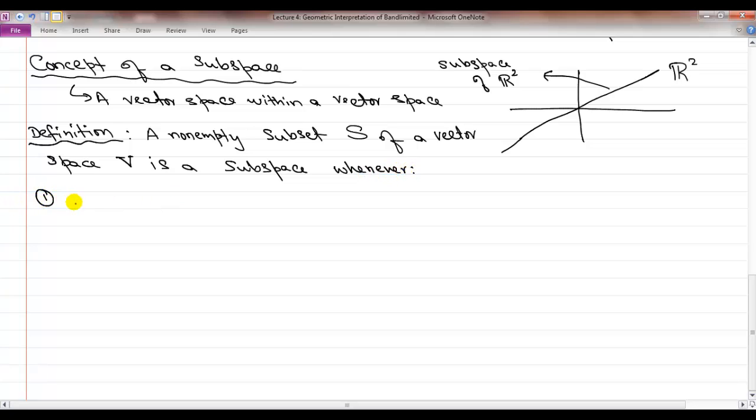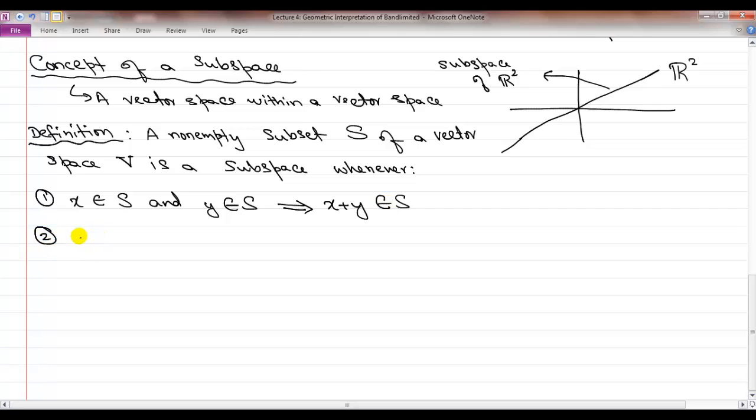Number one, if X belongs to S and Y belongs to S, then this implies that X plus Y must belong to S. So it should be closed under addition.